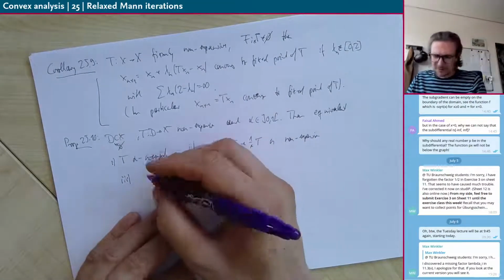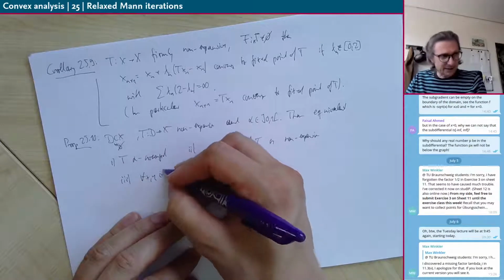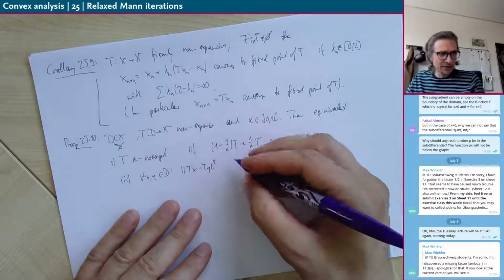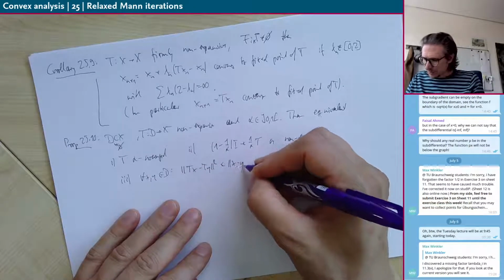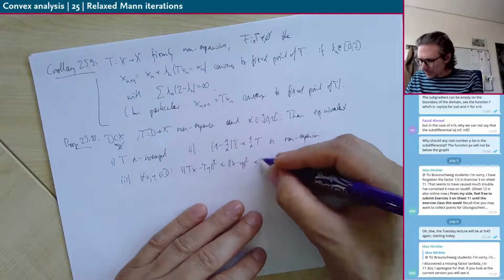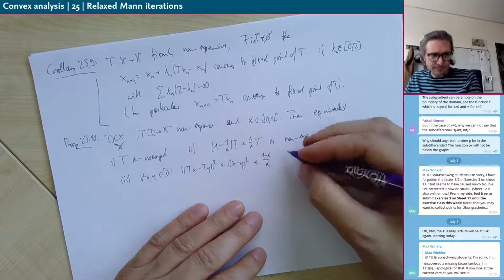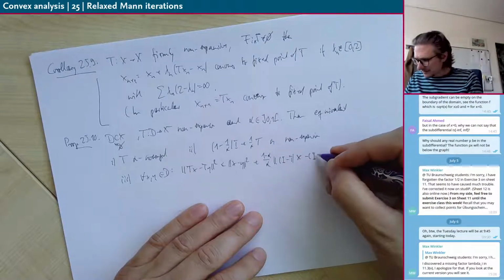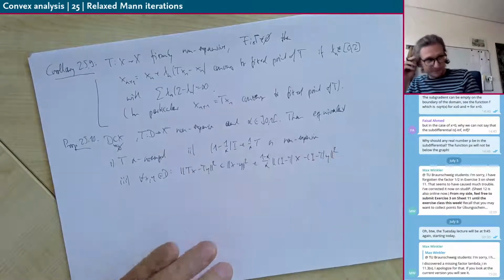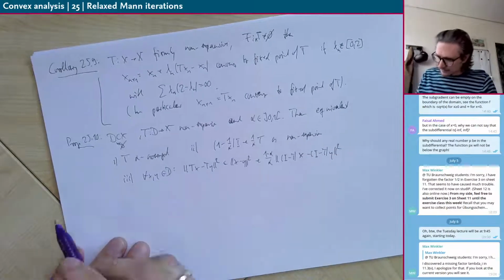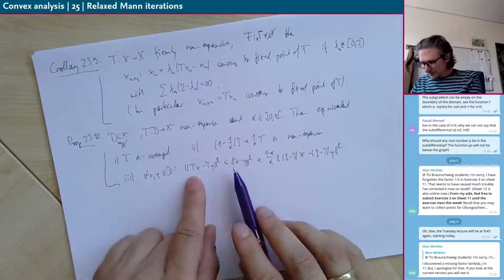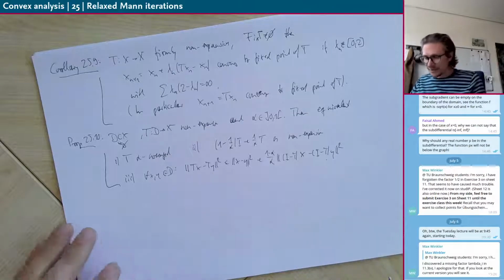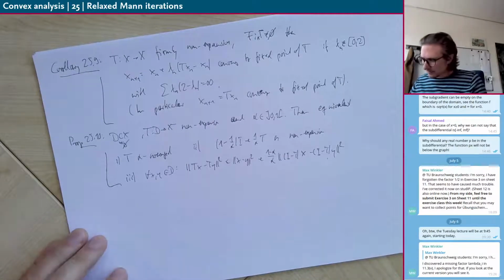The third thing is that for all x and y in D, it holds that the norm of T x minus T y squared is smaller or equal to the norm of x minus y squared plus (1 minus alpha) over alpha times the norm of (identity minus T) x minus (identity minus T) y squared. So you see it somehow quantifies a little bit how much non-expansiveness you have. Okay.